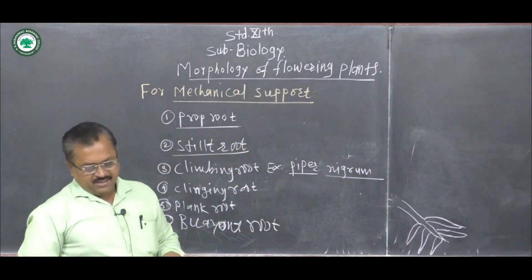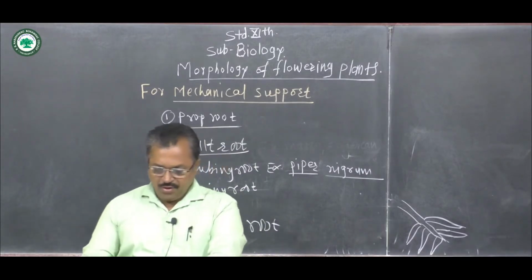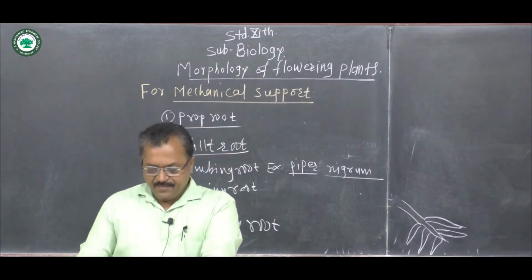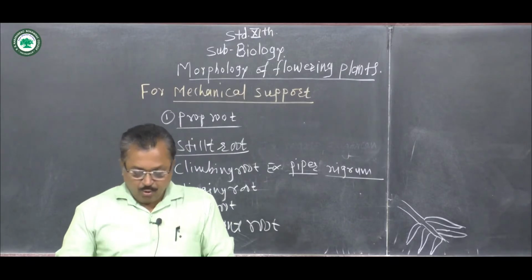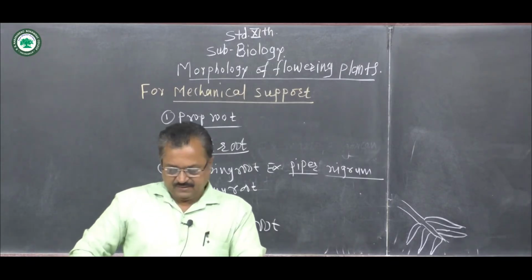These roots are found in Jussiaea repens for floating on the water surface.